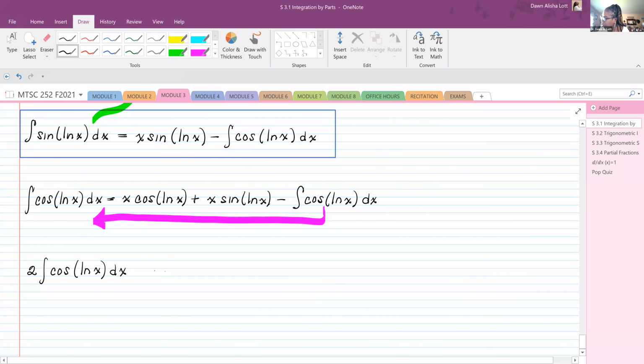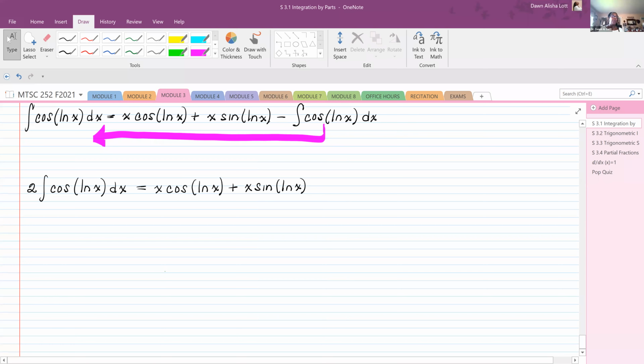So this is equal to x, the cosine of the natural log of x, plus x, the sine of the natural log of x. And there it is. I can divide by 2. Okay, and it's not always 2. So I'm going to tell you guys, it's not always 2. So I'll give you one to practice, and then you can come back and ask me about it.